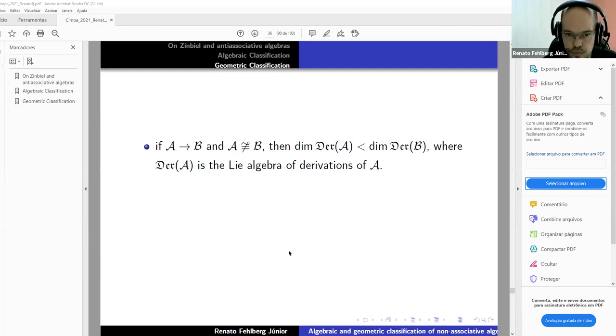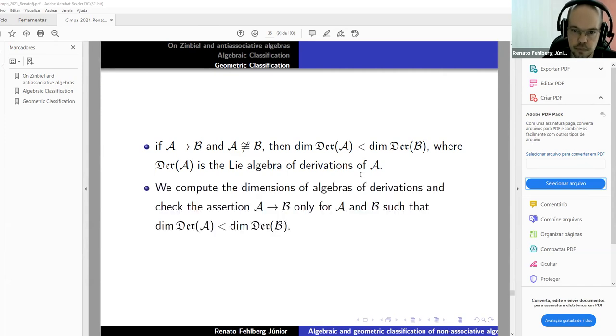Here we have an important result that we use in this classification. That is, if an algebra A degenerates to B, and they are not isomorphic, then the dimensions of the derivations of these algebras satisfy this inequality.